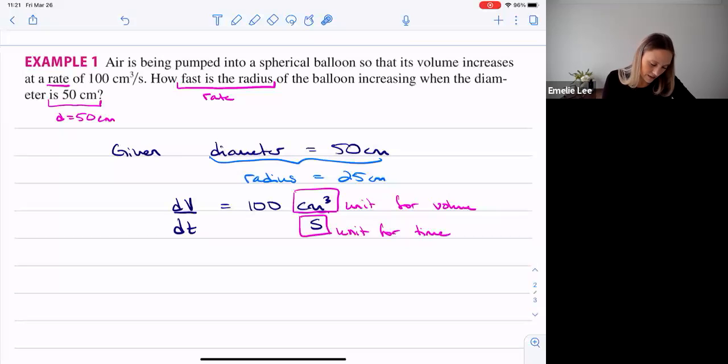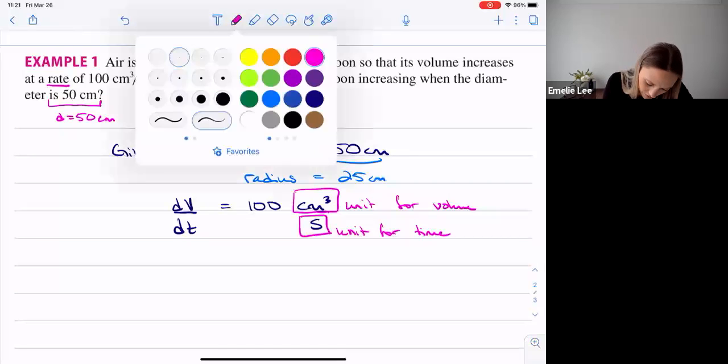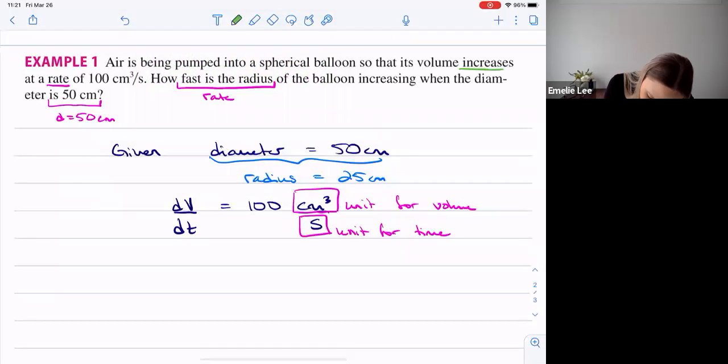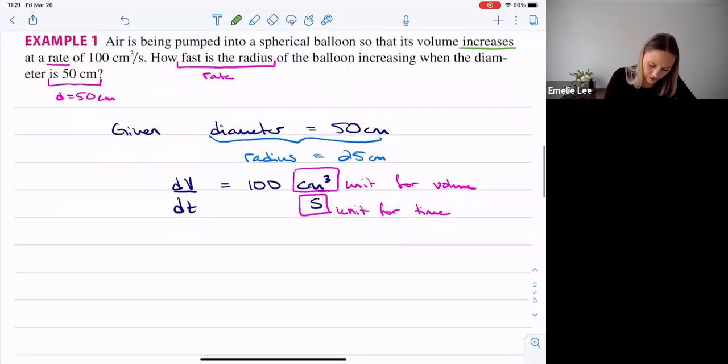So it's increasing. I do want to say that here, it's increasing at a rate of 100 centimeters per second. So what we do is we use a positive because it's increasing. If it were decreasing, so imagine you're sucking the air out of the balloon, so now the volume is decreasing. We need some way to communicate that, because of course then the relationship is different.